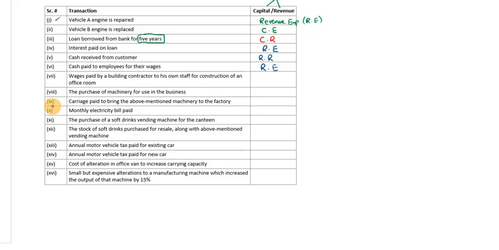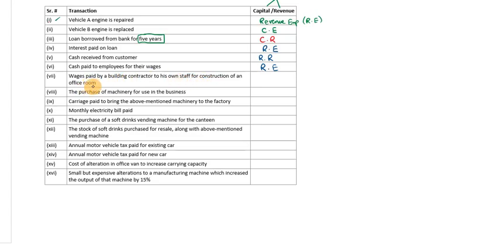Okay. Let's solve now. Seventh one is wages paid by a building contractor to his own staff for constructing an office room. Read this line again and tell me whether this expenditure will be capital expenditure or revenue expenditure. Although it says wages, the building contractor paid wages to his own staff for construction of an office room.